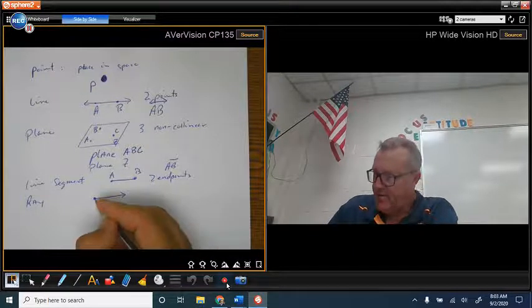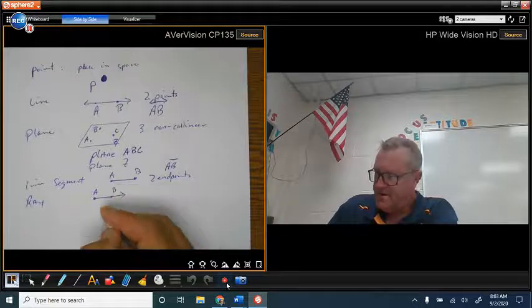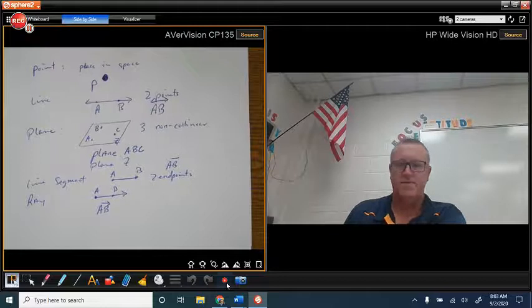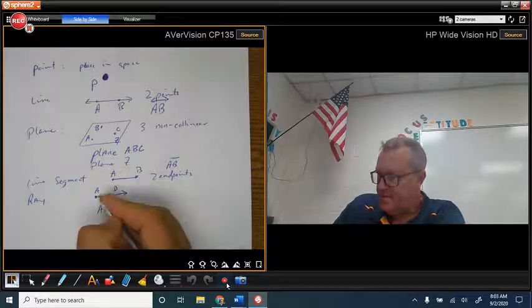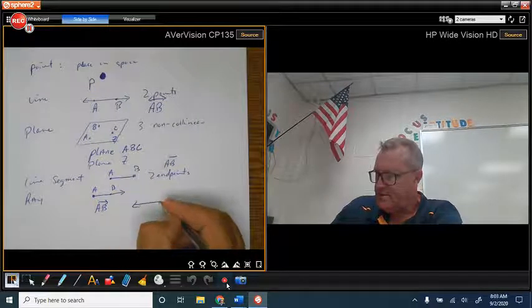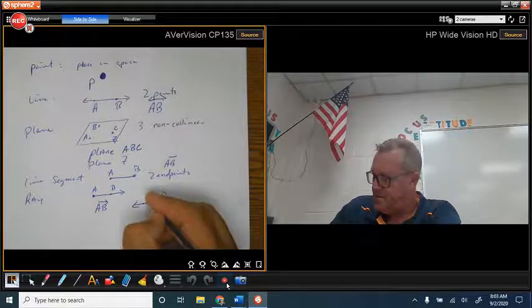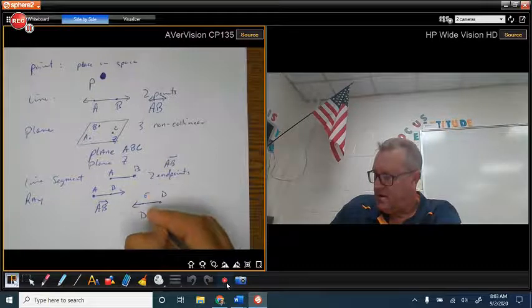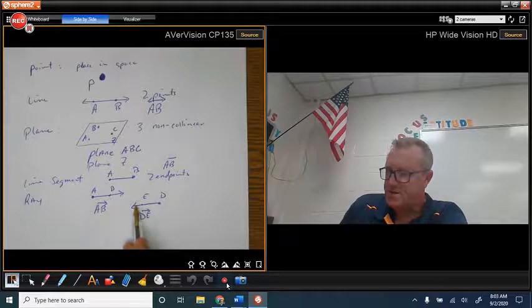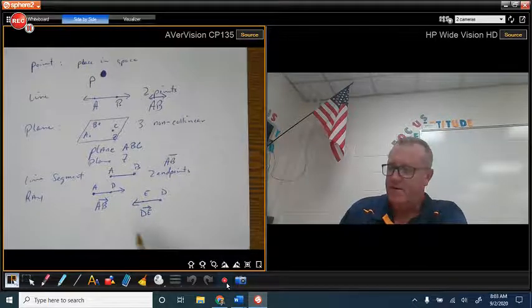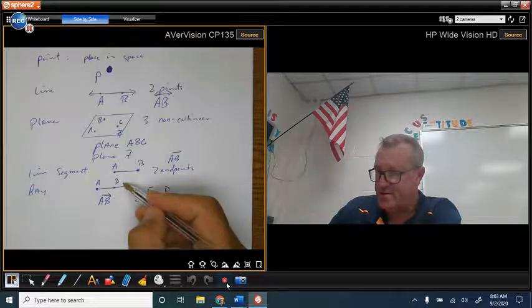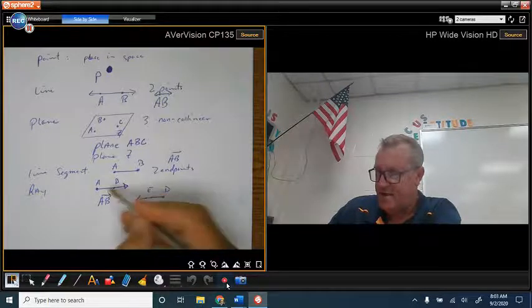When you have a ray, you put an arrow on top with an endpoint. If it goes the other way, you would name it the other way. So let's say it looks like this, DE, because the arrow is going through, it's continuing on. Again, it's going on forever, and that's what the arrows represent. Endpoint means it stops.